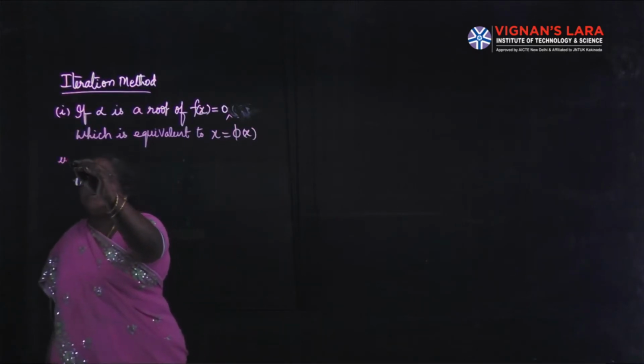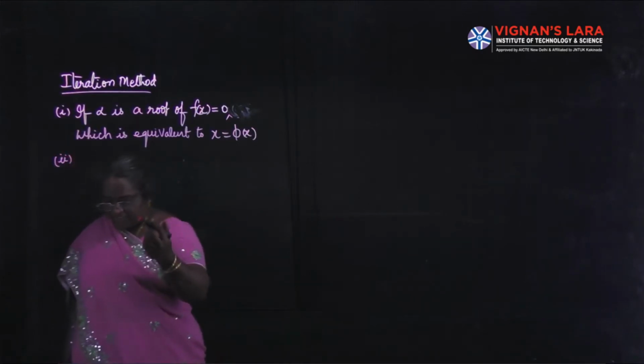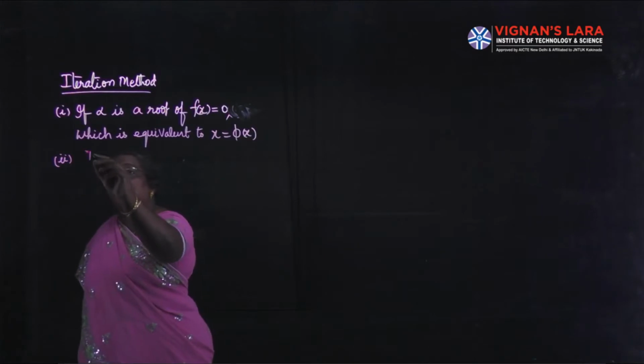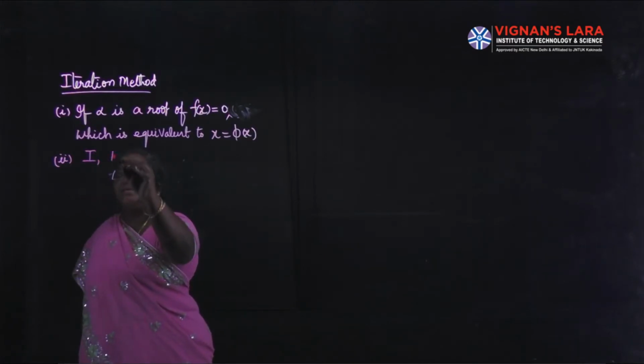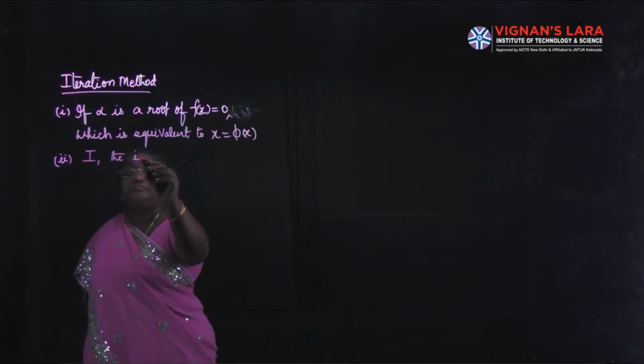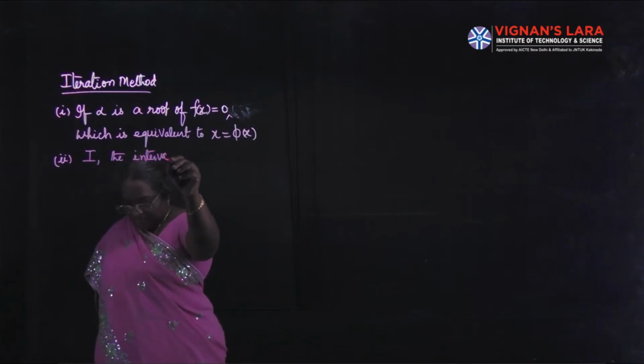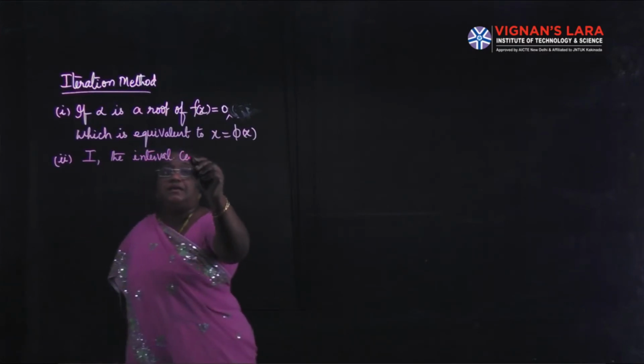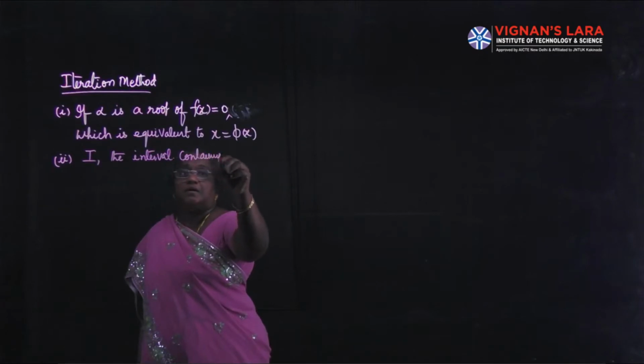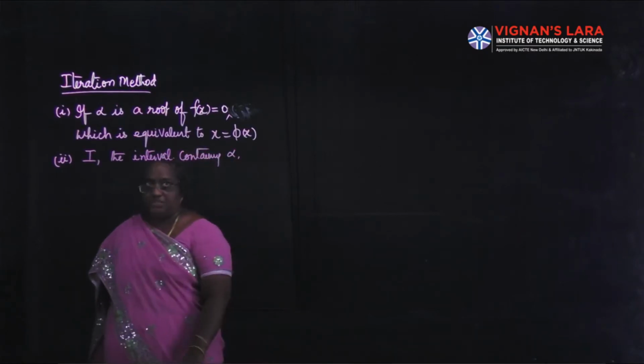Now if we observe the second point, what is the condition here is, we will observe between which two values the root is, the interval containing alpha, because alpha is a root we are taking.